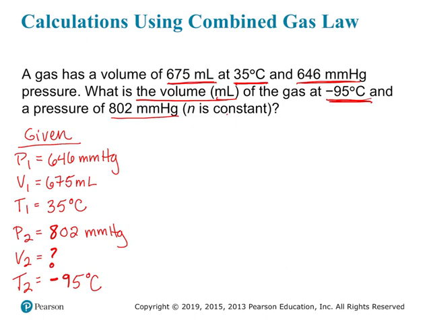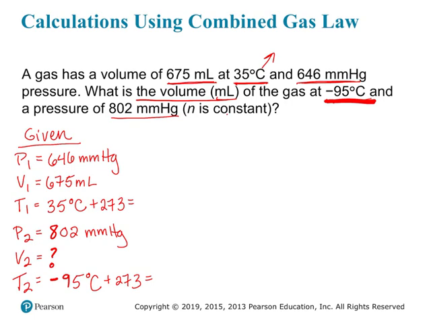Whew, that's a lot. Okay, now first things first, remember everything has to be in Kelvin for temperature. So let's just add 273 real quick to each of our temperatures. And this is a really good example of why we have to use Kelvin, because we're given a negative temperature value in Celsius.